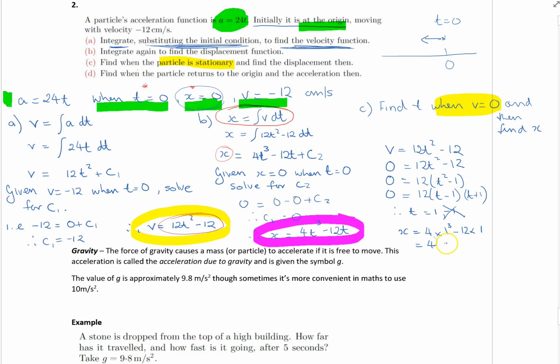So our displacement is 4 minus 12, which is minus 8. Now, confirm, and they're centimetres. So at a location of 8 centimetres to the left, on the negative side of the origin, the particle stopped. Confirms my initial understanding of what was going on was correct.